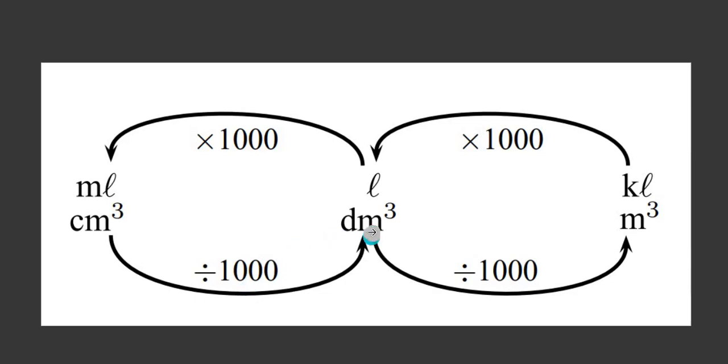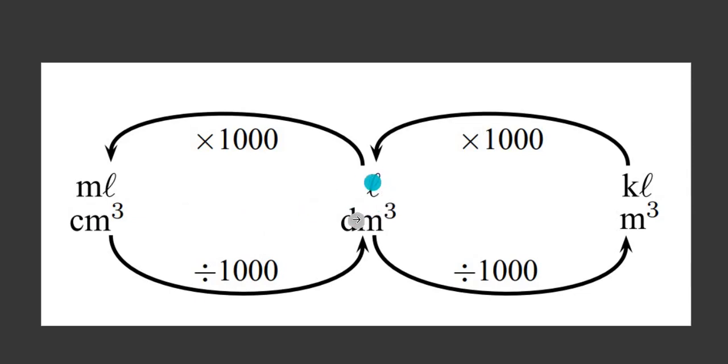The opposite is true. If you would want to convert your volume from cubic decimeters to cubic centimeters, you will just multiply. So don't get confused if they give you your volume in liters.